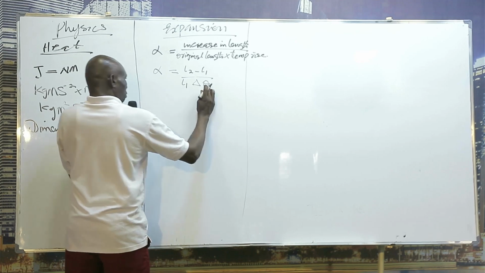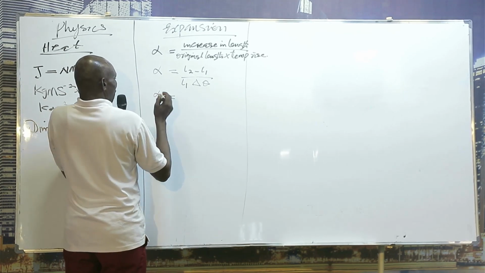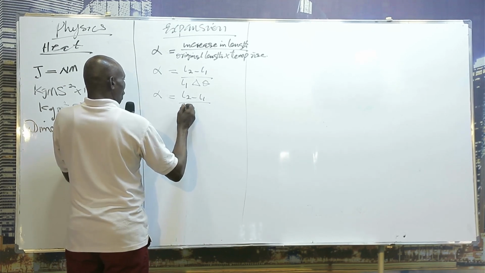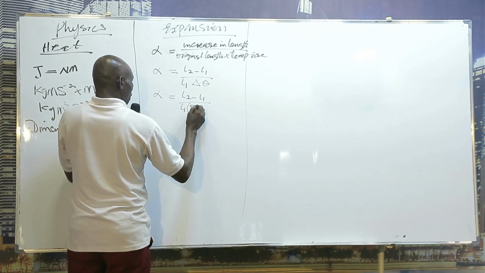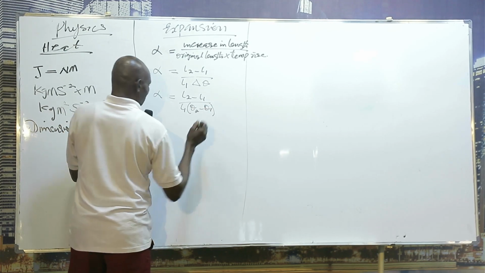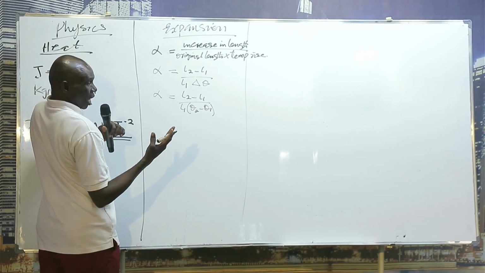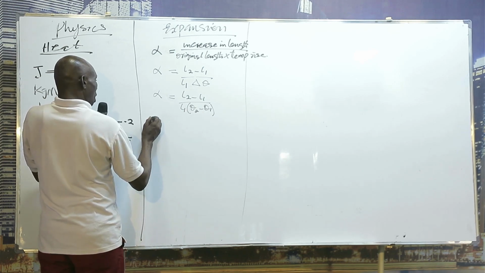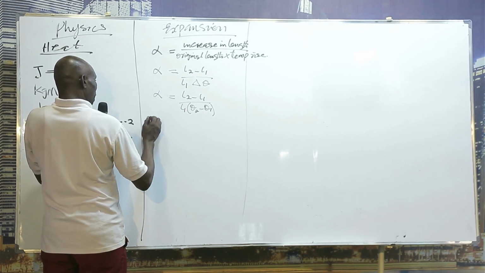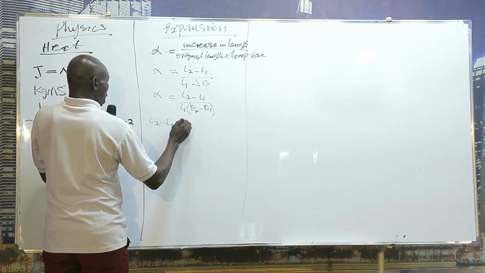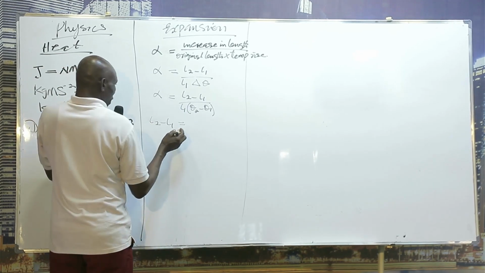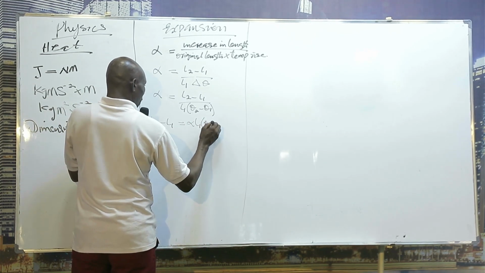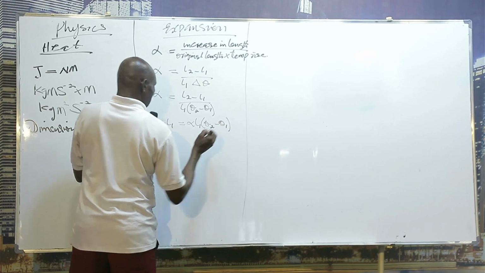We can write this another way, saying that alpha is L2 minus L1 over L1 into theta 2 minus theta 1. If we cross multiply, L2 minus L1 is equal to alpha L1 into theta 2 minus theta 1.